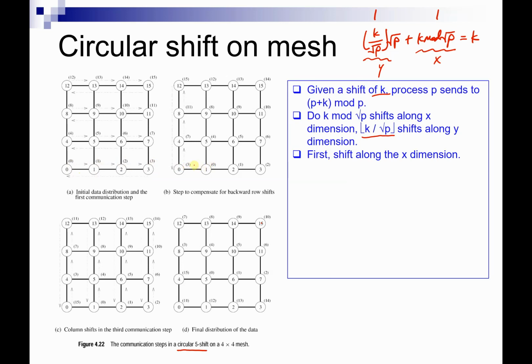Now everything is okay, except that 3 should not be at 0, because you want to actually move 3 to 4. Likewise, if you shift by 1 on the second row, then 7 is going to move to 4. But you don't want that. You want 7 to move to 8, and likewise, you want 11 to move to 12.